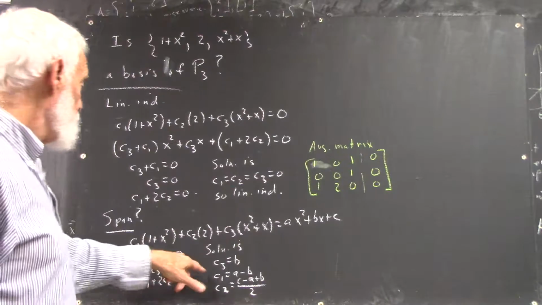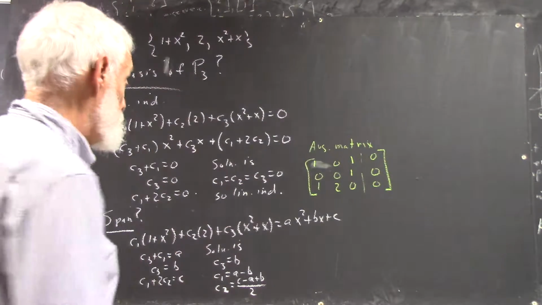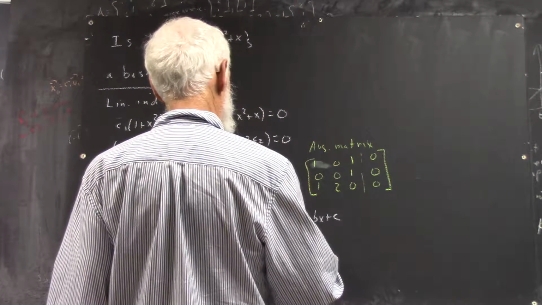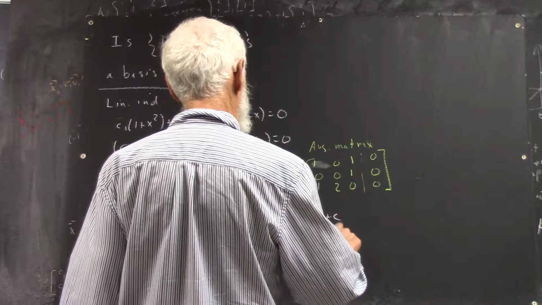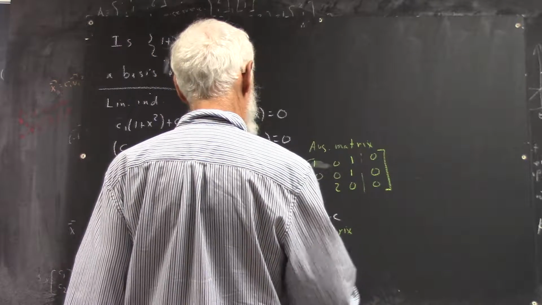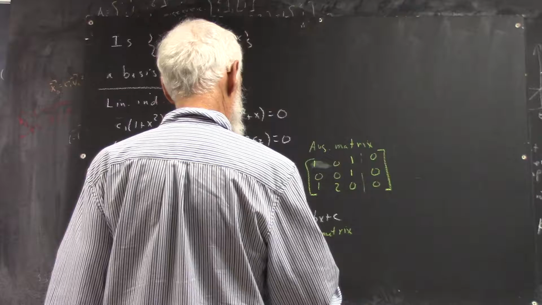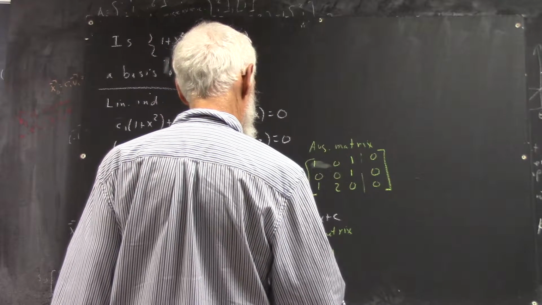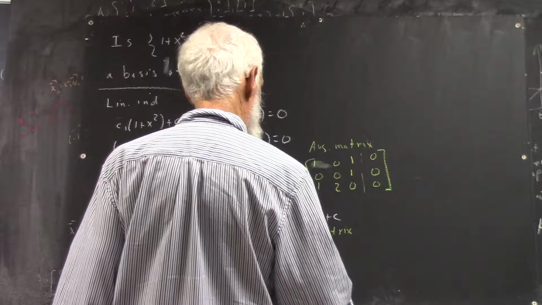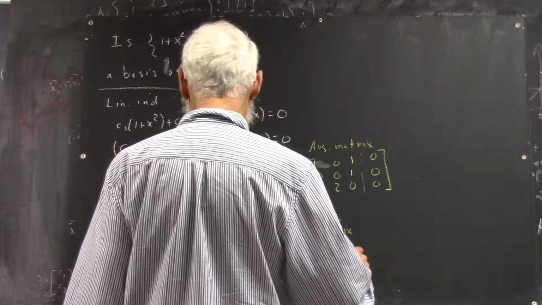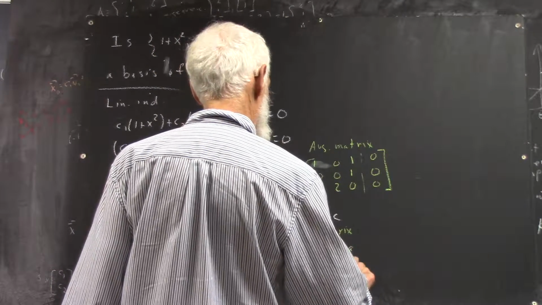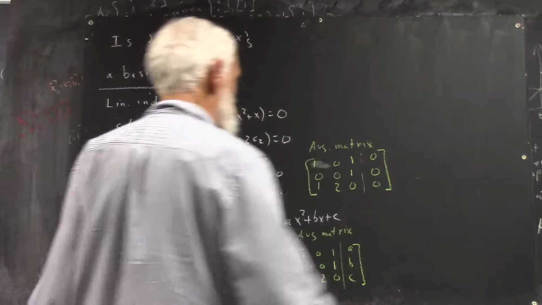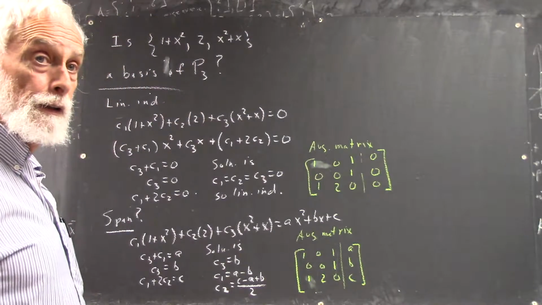Now what's the augmented matrix for this one? Same square matrix, but you're augmenting it with A, B, C. Okay?